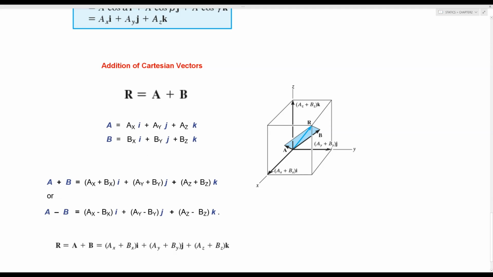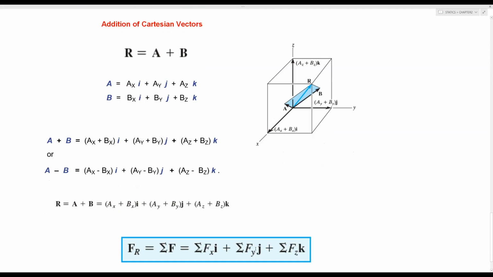If we were to subtract, we do exactly the same, subtracting like terms from each other. The resultant vector is equal to A plus B, which is the expression you see in front of you.